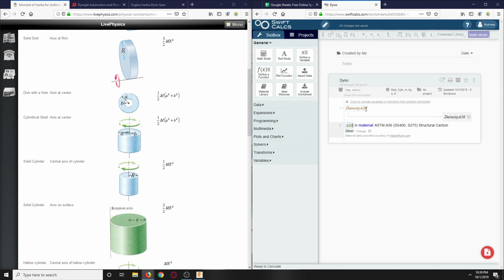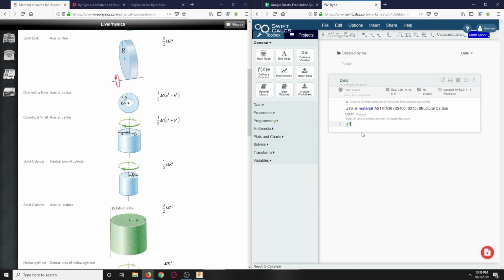Okay, so now basically what I could do is go here and say A36. So I'm going to say dense equals A36 dot density.